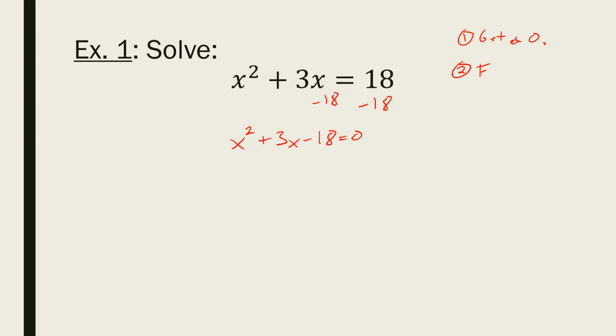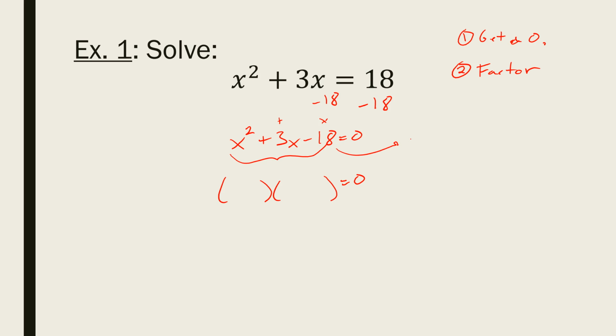My second step is going to be to factor, all right? So I still have an equals 0 on the right-hand side, but I'm going to try to factor this guy. So remember, I'm seeing what numbers add to 3 and multiply to negative 18. Many of you just kind of do this in your head, and you're getting good at it.